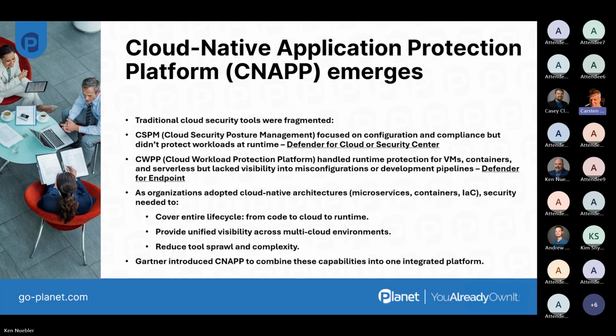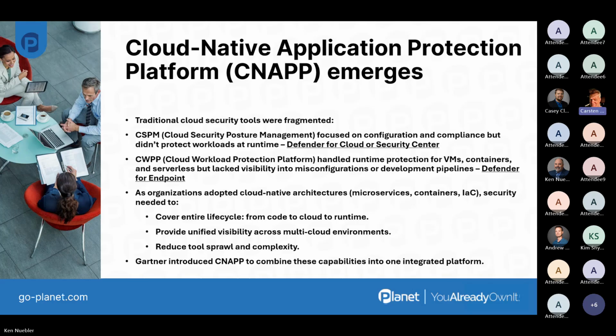One of the things that is new actually doesn't come from Microsoft. I think this originally came from Gartner. It is a new level of protection, which is called CNAPP, Cloud Native Application Protection Platform.